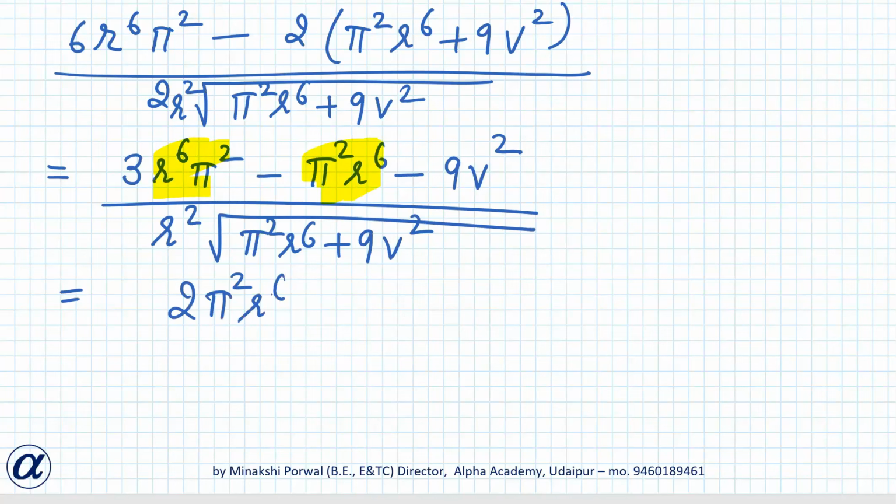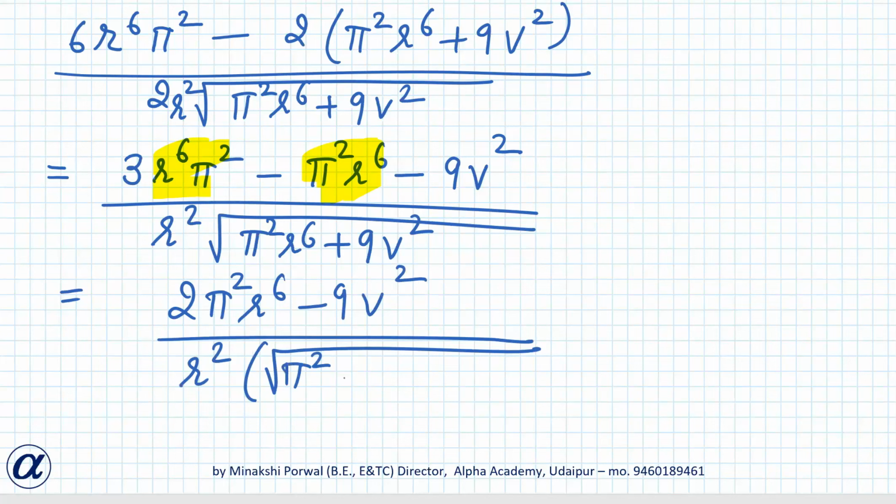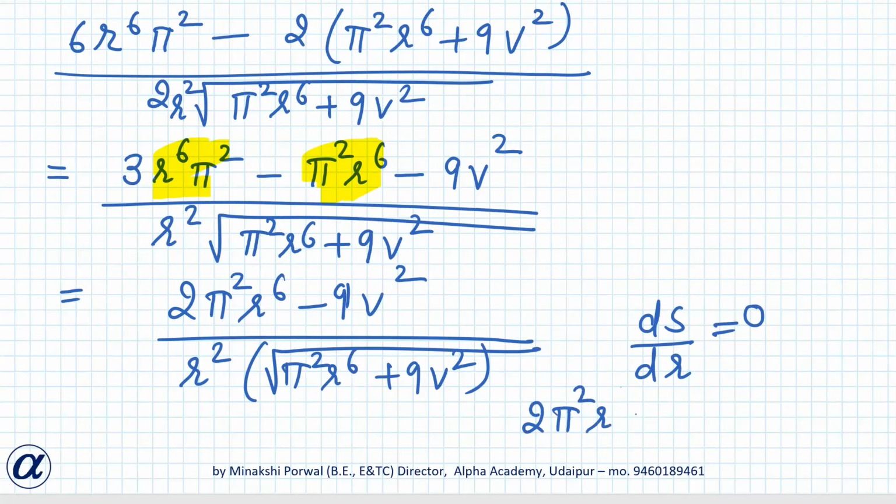Now when we put ds by dr equals to 0, we'll get 2 pi square r to the power 6 minus 9V square equals to 0, or r to the power 6 will be equal to 9V square upon 2 pi square.